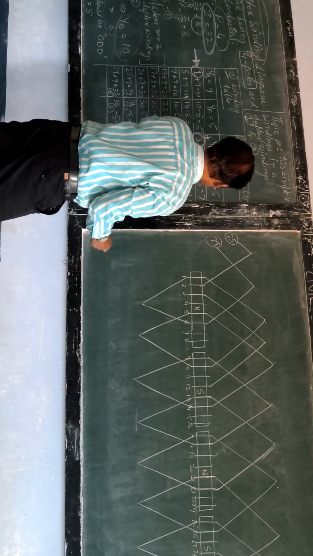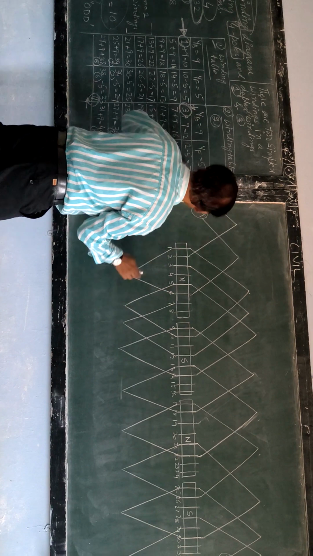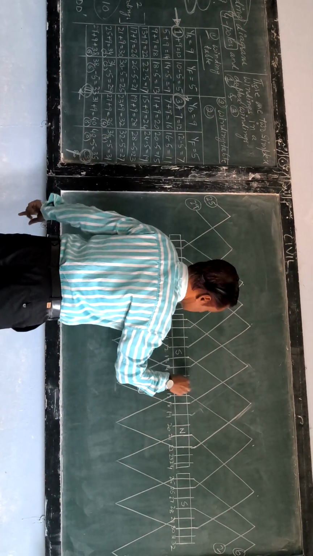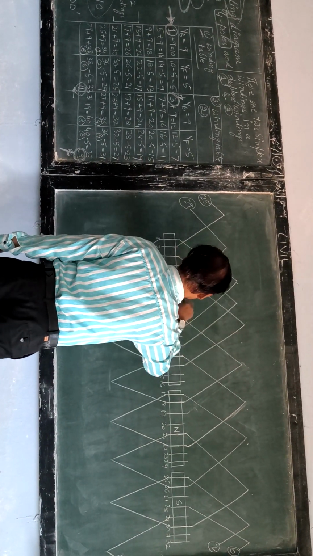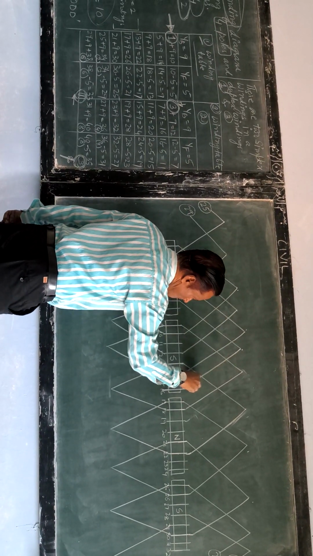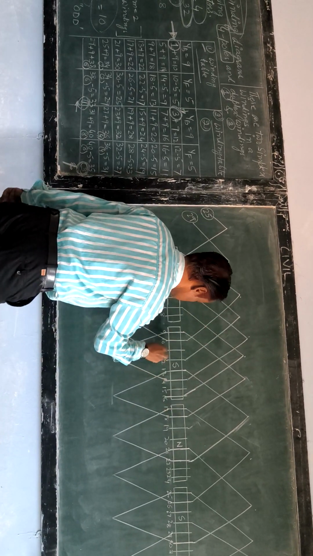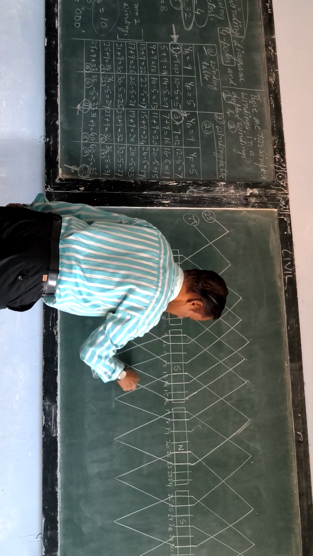It comes back to 7. From 7 it goes to 16. 16 back to 11.